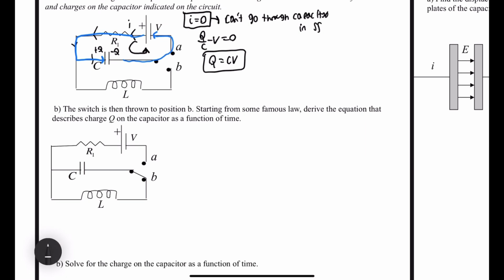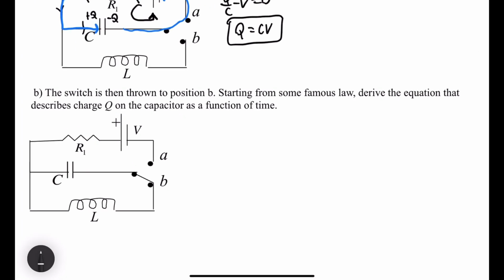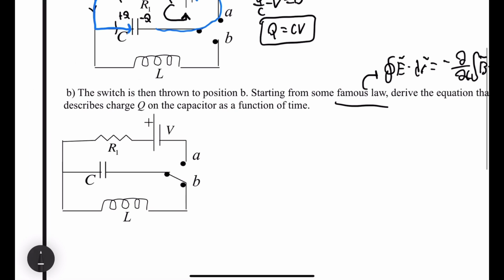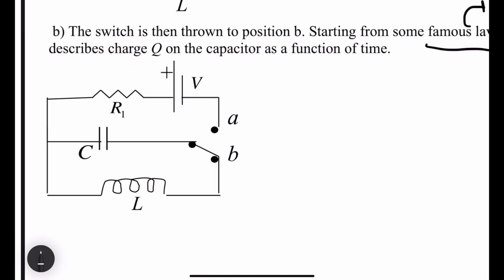Now part B is saying, now if the switch is switched to position B, starting from some famous law, which would be Faraday's law, the closed loop of E dot dr is equal to negative partial with respect to time of B dot ds, derive the equation that describes the charge Q on the capacitor as a function of time. In this case, we're ignoring the top circuit.